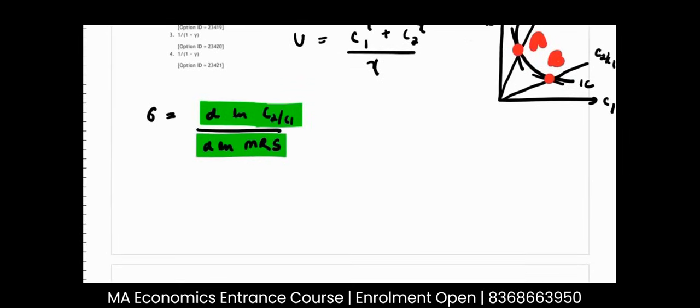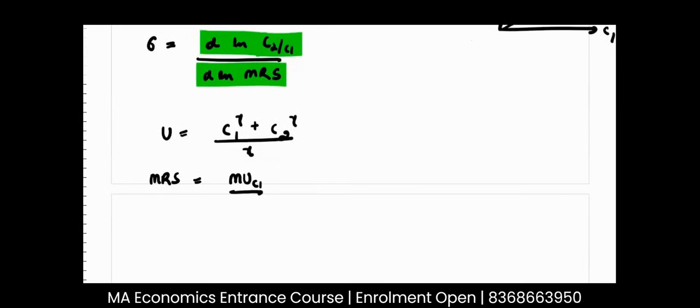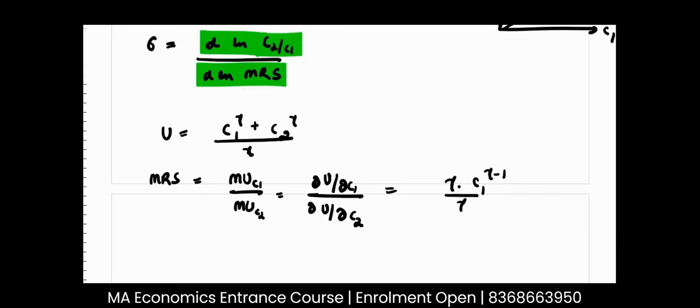So it's very simple. If my utility function is C1 to the power gamma plus C2 to the power gamma upon gamma, I'll find MRS. So MRS will be MU C1 by MU C2: how utility changes when C1 changes, how utility changes when C2 changes. If I differentiate with respect to C1, I will get gamma C1 to the power gamma minus 1 upon gamma.